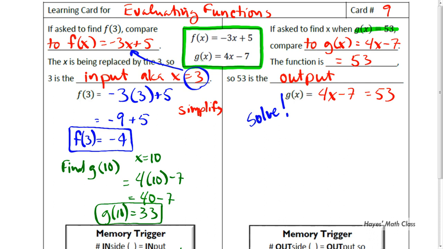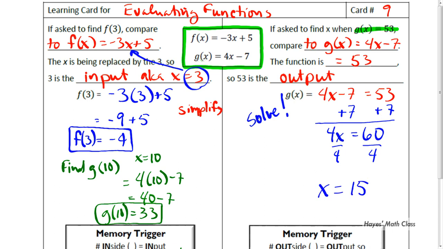Just like you did a mere 3 weeks ago. Yes, you do. You are expected to know all of this long term. Then x is going to equal 15. So my input's 15, and it goes to 53. Ta-da!